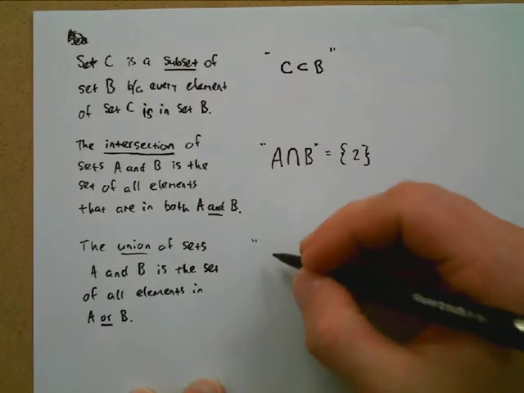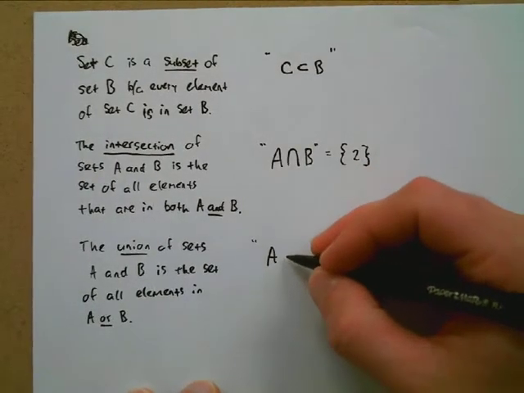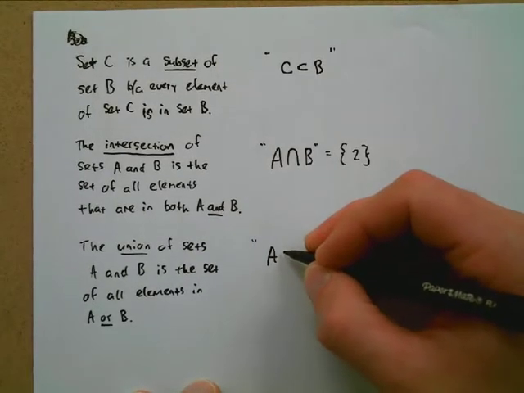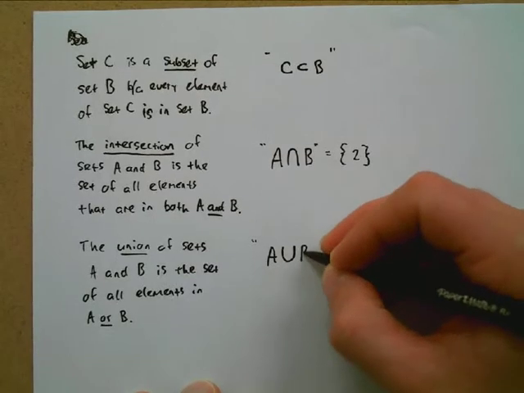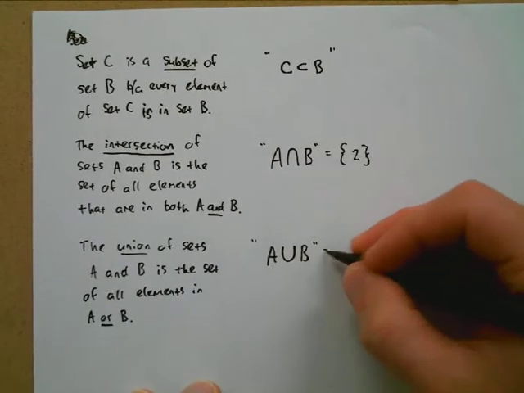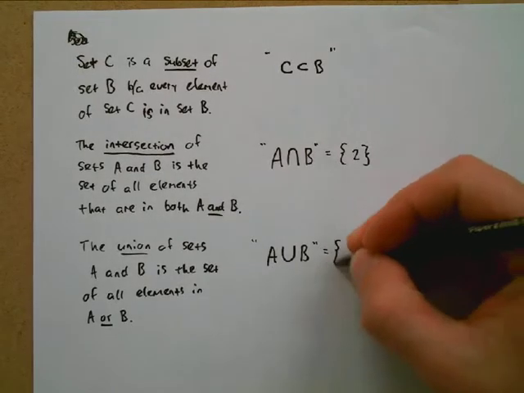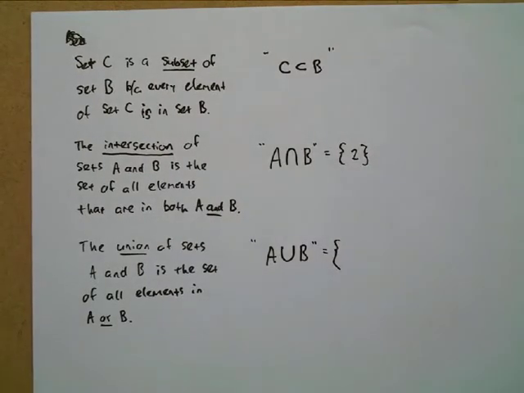It's A, and then what's the symbol we use for a union? Remember, it's a U. A U B, like that. So what would this set be then? What's the union of A and B together? What's going to be in that set? A union B.